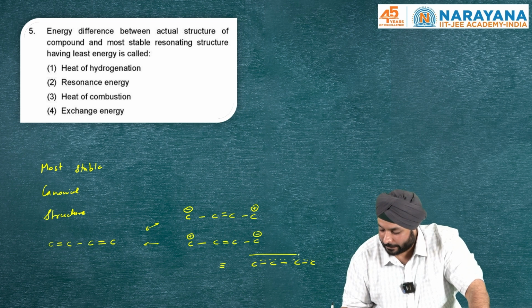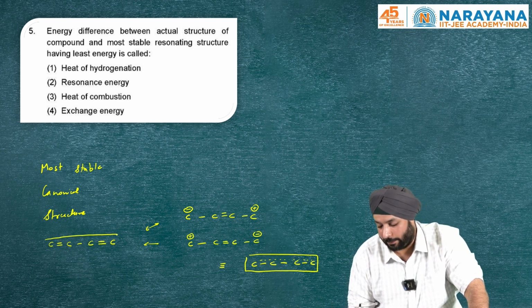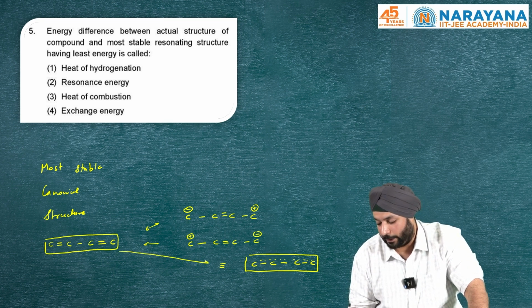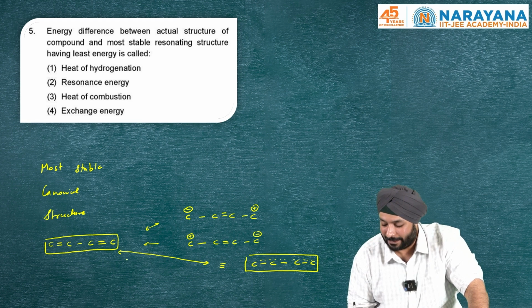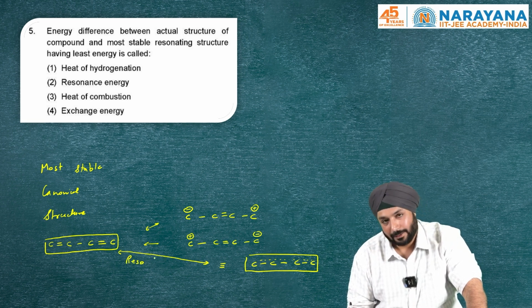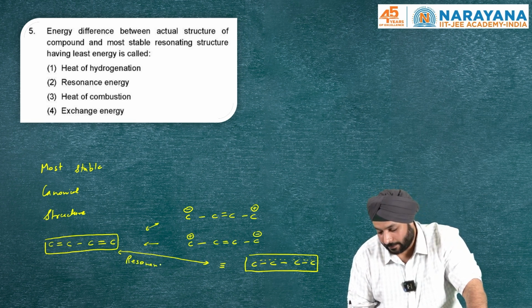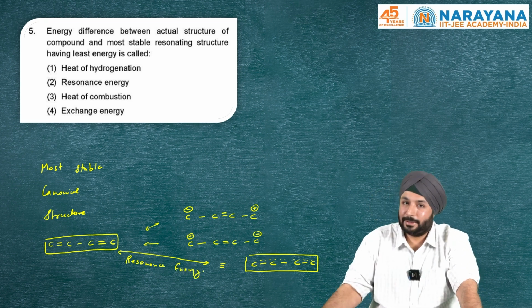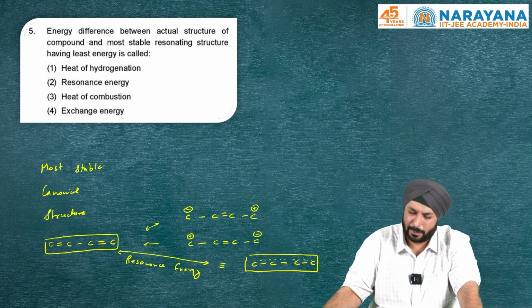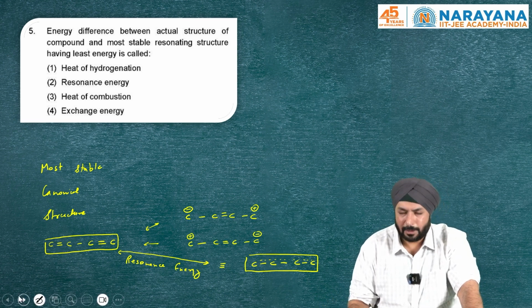This is the hybrid structure. This is the most stable canonical structure. The energy difference between these two structures is known as resonance energy. Hope you understood that, right? It's a very straightforward question from thermodynamics, right?